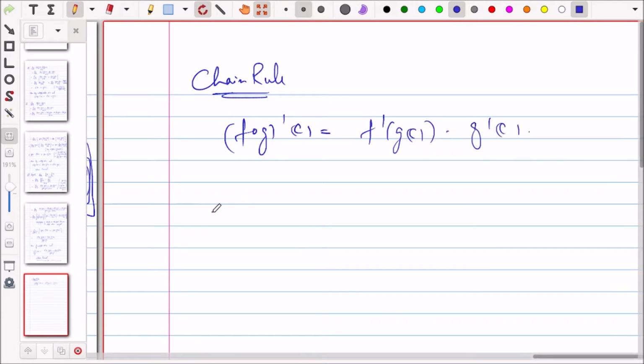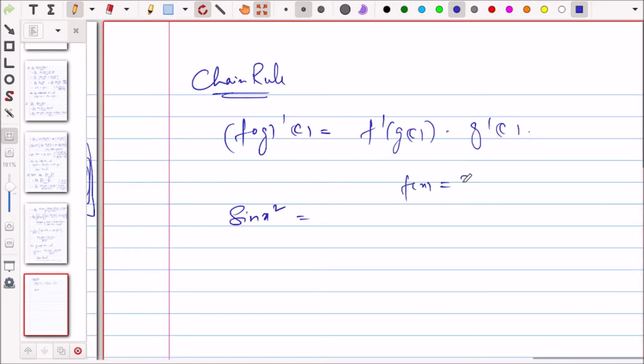If you have this function, sin of x square, then what do you do? So f(x) is sin x, and g(x) is your x square, so this is sin x square.